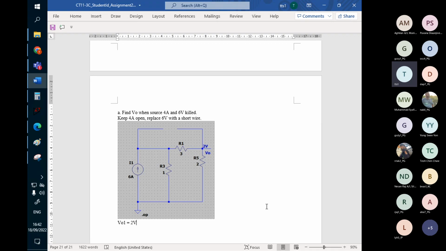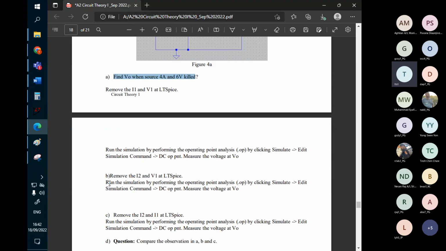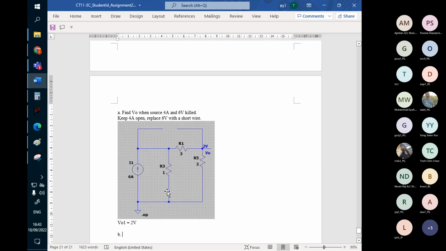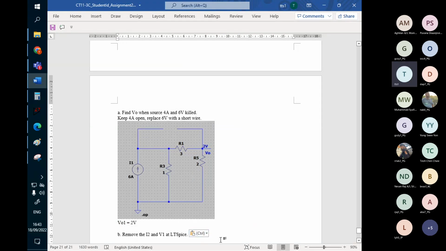Okay, we need to continue until we have 2 more voltages. So B is what? B is remove I2 and V1.